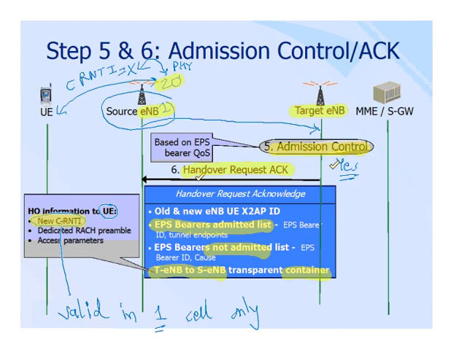One more important parameter is the preamble. Once the handover is completed, then our UE will send a random access preamble to the target base station.